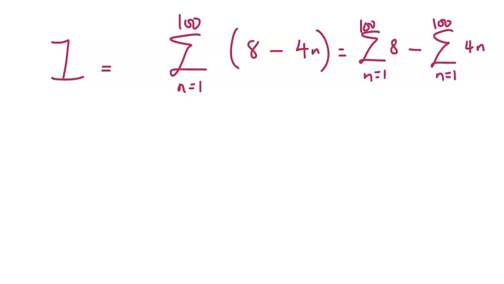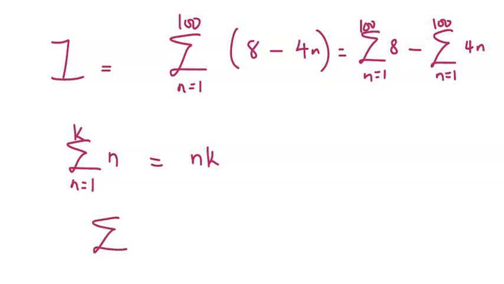Okay, so let's take note of the following. We know that the sum as n goes from 1 to k of n is equal to n times k. Don't forget this, this is really very compulsory.